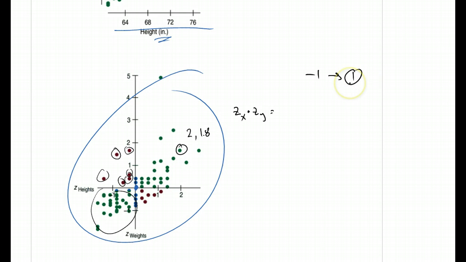Let me draw an imaginary best fit line here, which we're going to learn how to do in chapter 8, but eyeballing it would look something like this. If this was a perfect correlation of 1, every single point would be on that line. And if it was a negative correlation, then it would go this way.